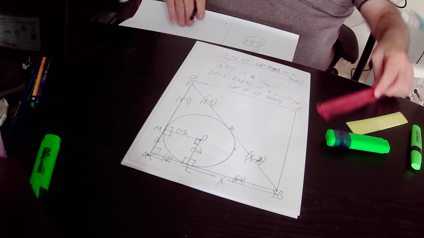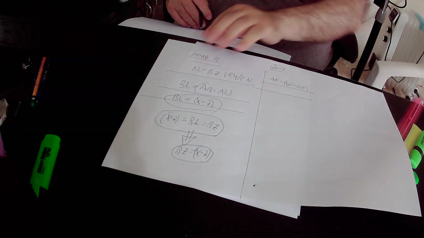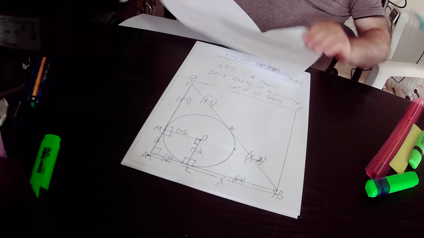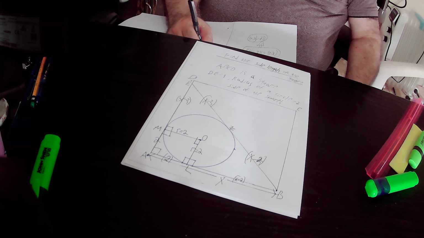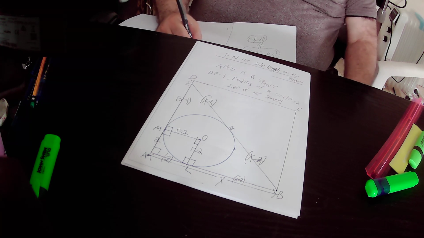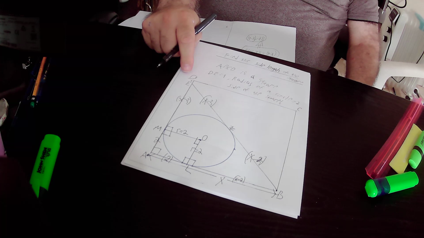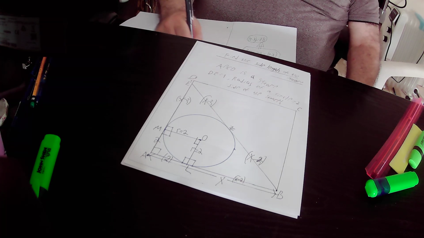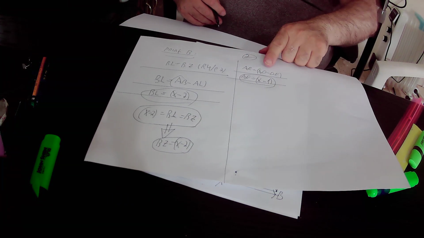I will repeat again. From the drawing, it is very easy to see that AE equals AD minus DE. So AE equals AD, that is x, according to our definition, minus DE, that is equal to 1, according to what is given in the question. So in conclusion, we found out that AE equals x minus 1.